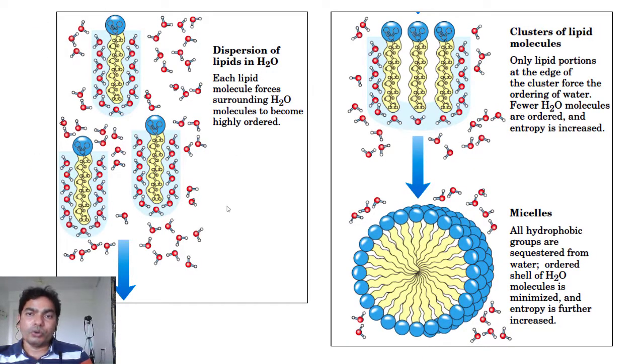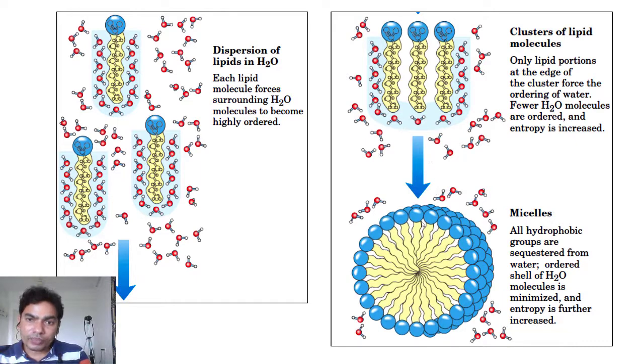Right, now you can see the whole picture of this, right? So on dispersion of the lipid into water, there is an ordered arrangement of the water molecules, then there is a layered formation because of the hydrophobic force, actually a thermodynamic force, that tends to make these lipid molecules interact with each other by the hydrophobic force.